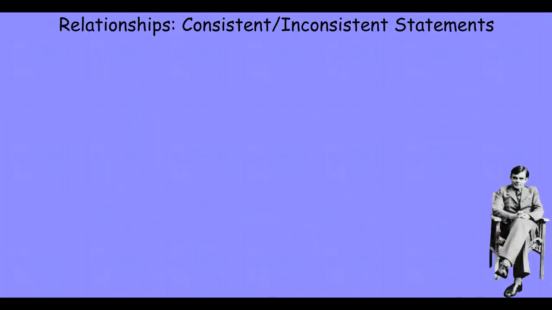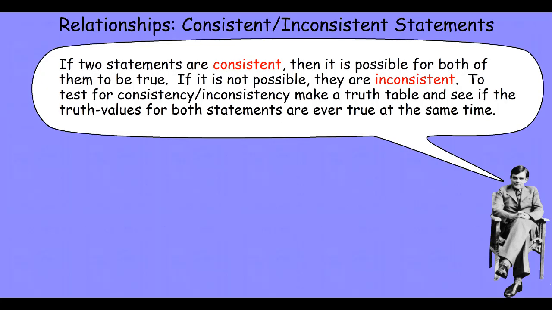Finally, we want to look at consistency and inconsistency. Two statements are consistent when it's possible for them to be true at the same time. There's at least one row where they're both true. If there isn't one row where they're both true, if they always have a difference, that is, they're never both true, then they're inconsistent.